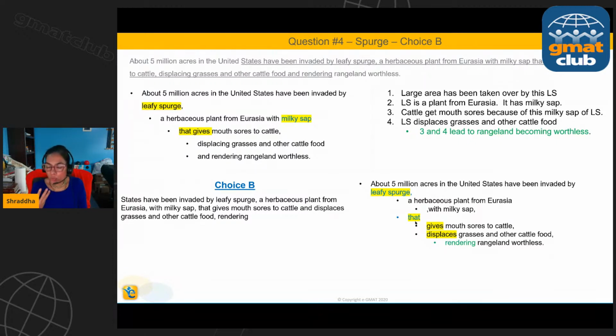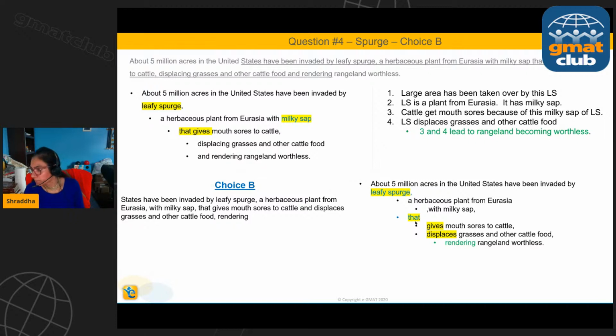But when they start chewing the leafy spurge, the milky sap is secreted, and that's how they get mouth sore. So it is not a change in the meaning when we say that leafy spurge gives mouth sore. We can get more technical: yes, leafy spurge contains milky sap and that's why it gives mouth sore. But there is no change in the meaning. It's the same thing to say that milky sap gives mouth sore or leafy spurge gives mouth sore, because milky sap is contained by leafy spurge.